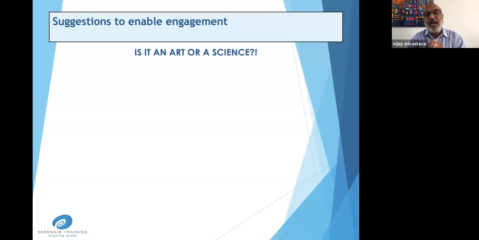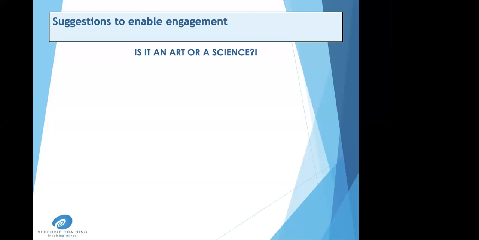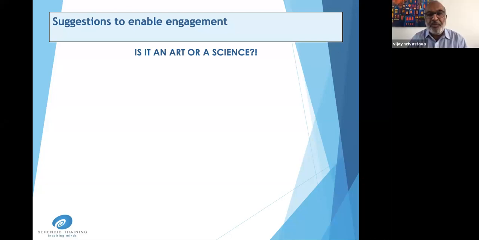So is it an art or a science? Clearly, if risk management was a science, by now we would have all the answers in place after all these years. This is an art. This is really something which goes beyond just numbers, and it is extremely complex.